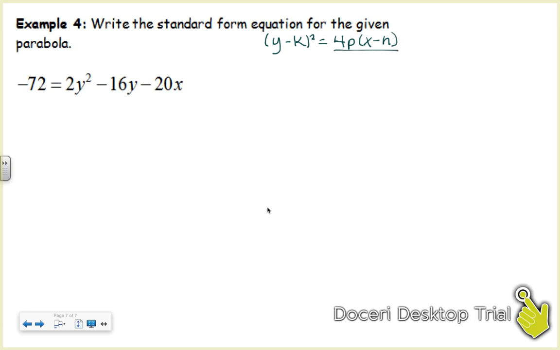Since these are equal, it doesn't really matter which side. I did that because I currently want to get the y's by themselves and the number with that x on the other side. So I'm going to move that 20 over.